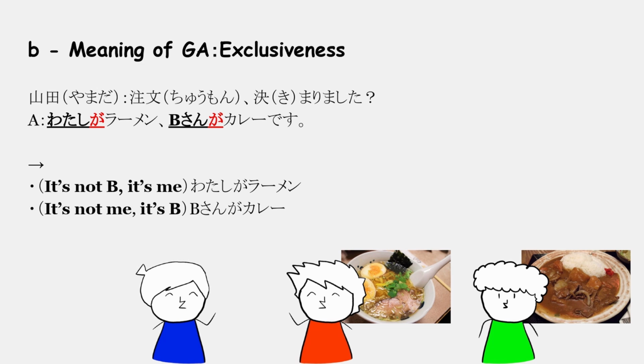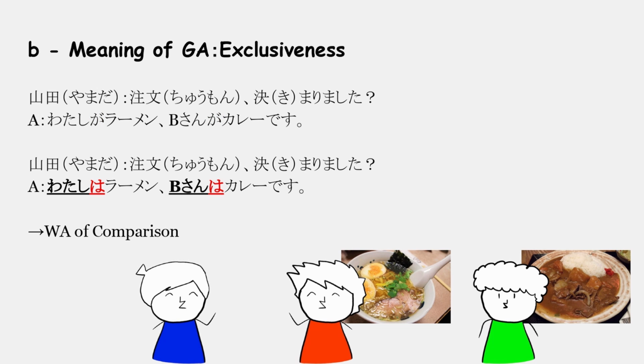And it's not me, but person B who will order the curry rice. But if we say, 注文決まりました?私はラーメン、B さんはカレーです, here, it might be wa of comparison. Is it clear? Can we continue?